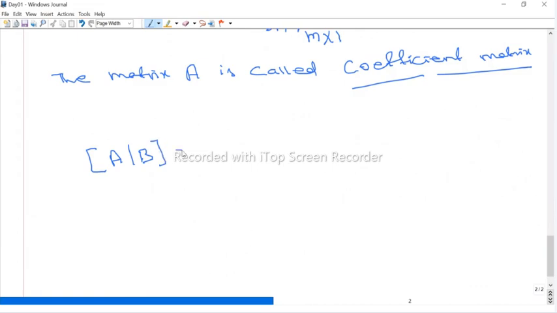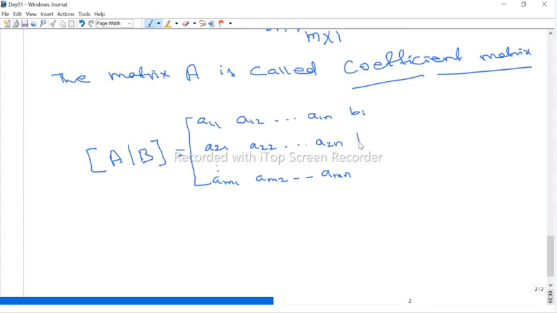So you take A11, A12, etc., A1n, and then A21, A22, etc., A2n, and so on, Am1, Am2, etc., Amn. Now in the last column you write B1, B2, etc., Bm. So this matrix is called the augmented matrix.